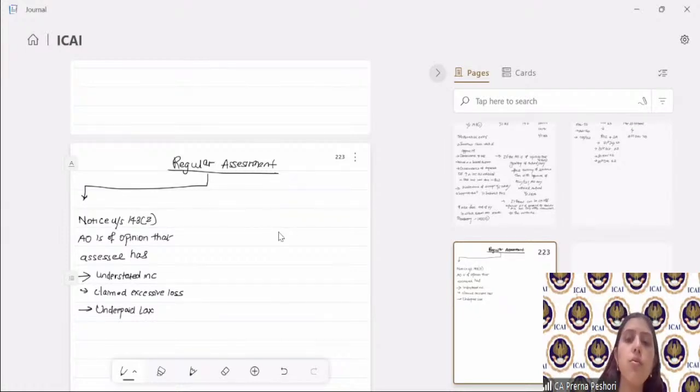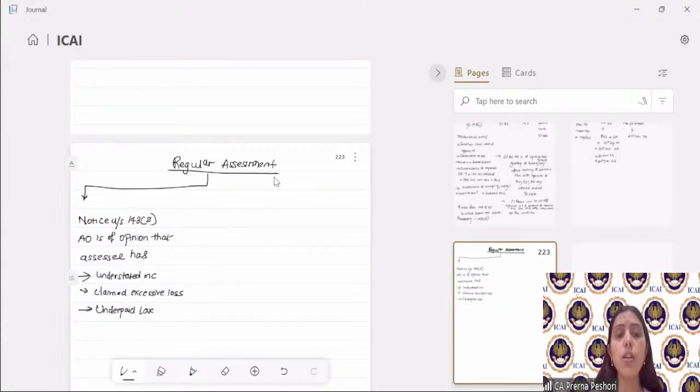This is a show cause notice for the scrutiny assessment. So a scrutiny assessment starts under 143(2) by serving a notice that a detailed scrutiny needs to be carried out.